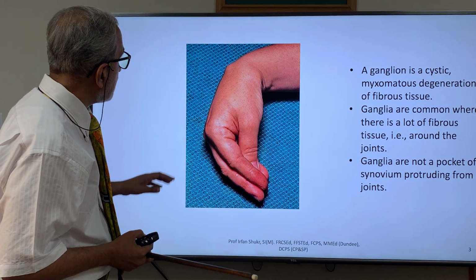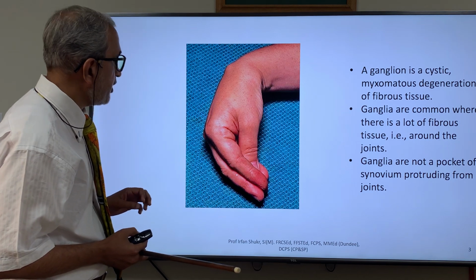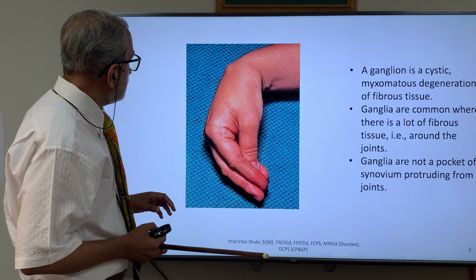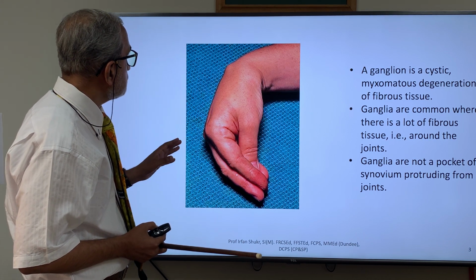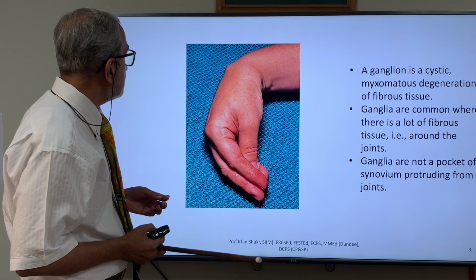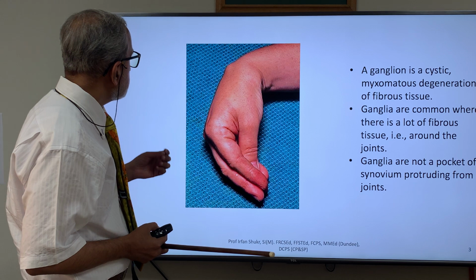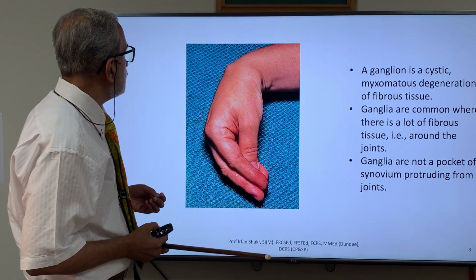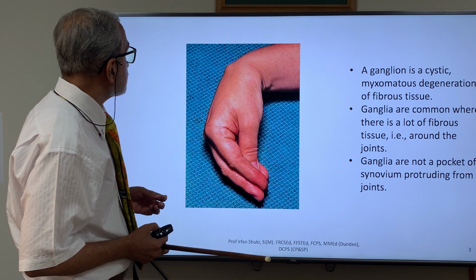And during examination, I am going to see the site, the size, the shape, the surface, the skin over it. Then when we touch it, the tenderness, press it more, then its consistency, surface, edge, and then specifics like fluctuation, transillumination, and the state of the surrounding structures.